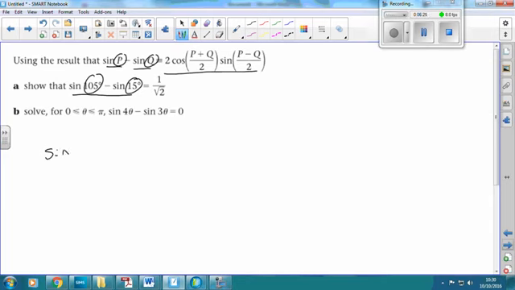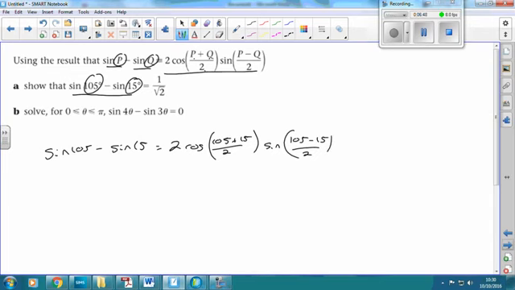So sine 105 minus sine 15 equals 2 cos, now this is (p plus q) divided by 2, so that's going to be (105 plus 15) divided by 2, sine (105 minus 15) divided by 2. Then if we simplify, that's going to be 2 cos (120 over 2), which is 60, so 2 cos 60, a little bit neater.